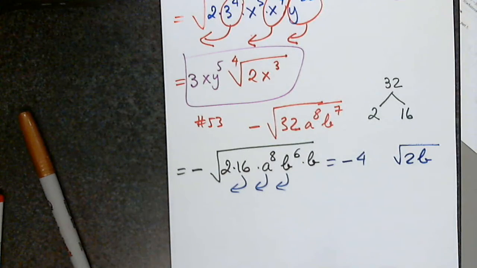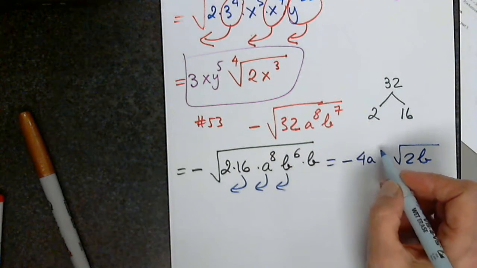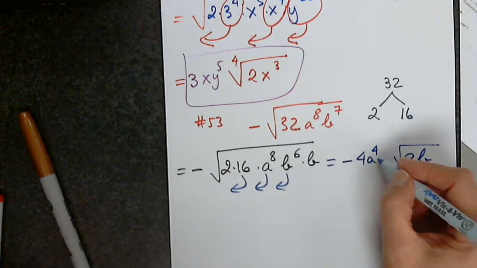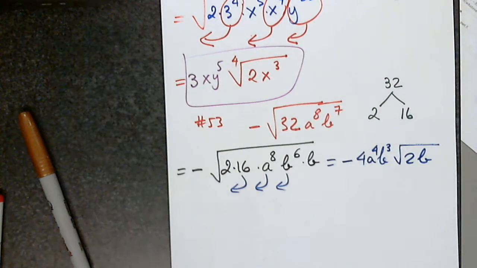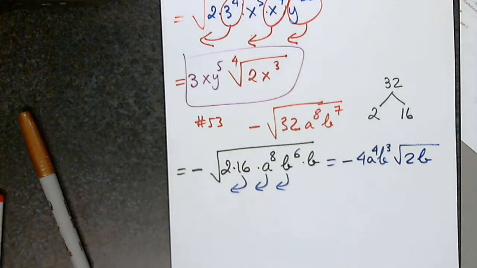The square root of a to the 8th. A squared. Careful. A to the 4th, because it's 8 over 2. And b to the 3rd. So the final simplified form is negative 4, a to the 4th, b to the 3rd times the square root of 2b.